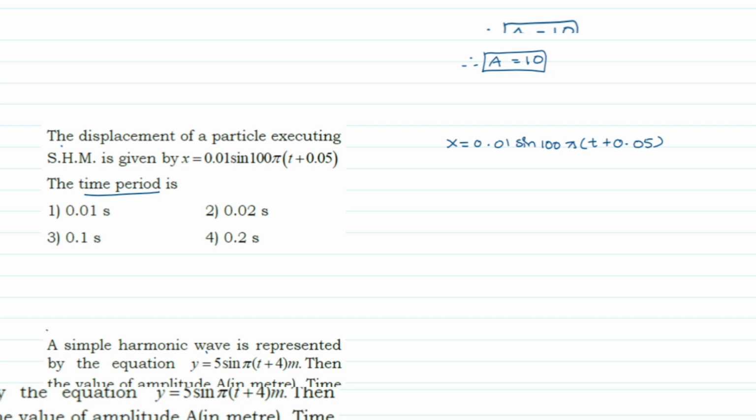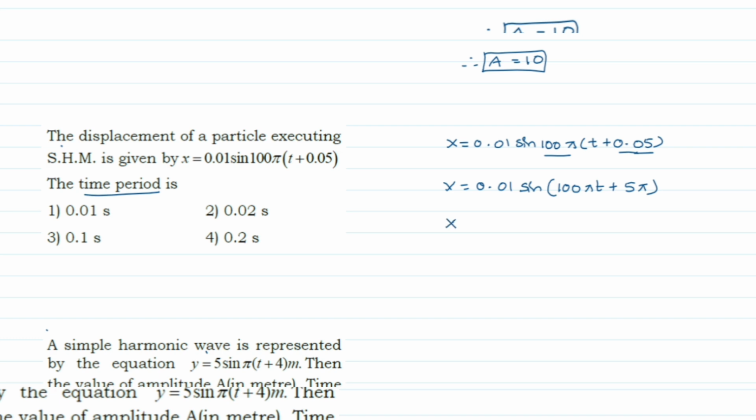Compare with the general equation: taking 100 pi inside, it becomes 0.01 sin of 100 pi t plus 100 into 0.05, which you write as 5 pi.